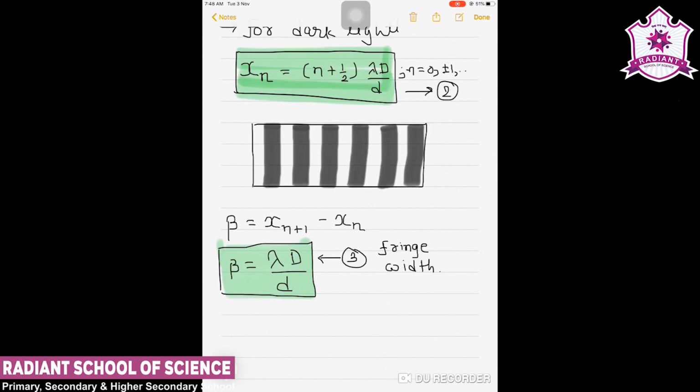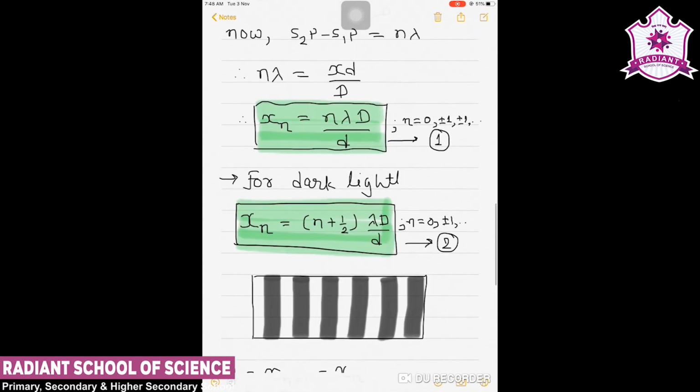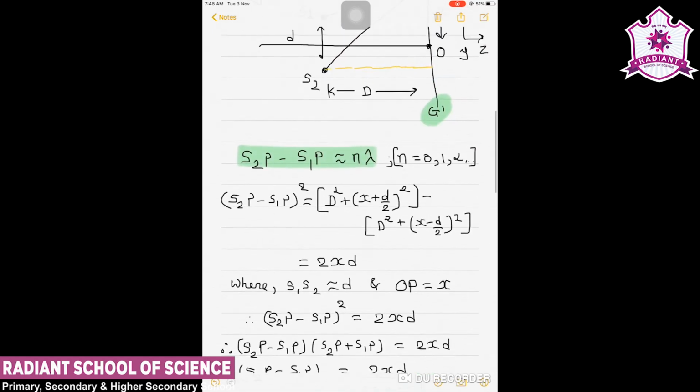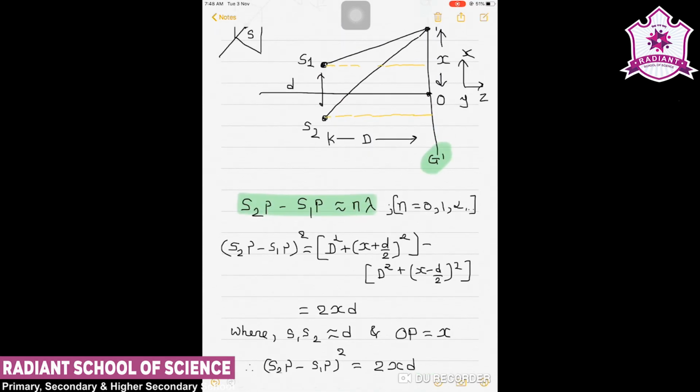Here, on the screen above, this is the central point O. The central point O will be bright because S1O and S2O are equal, and it corresponds to n equal to 0.